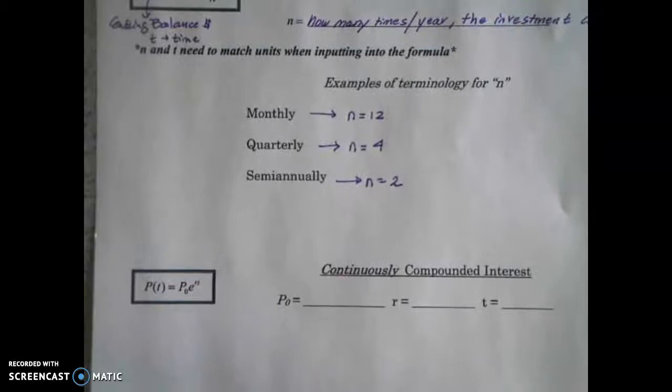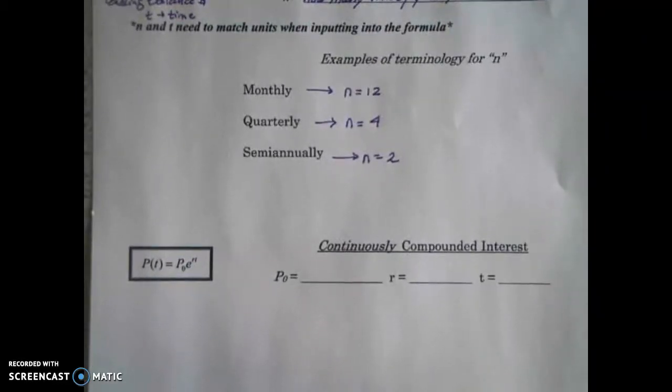Now, continuously compounded interest is where we're going to use that number e, that exponential number. Continuously compounded interest doesn't really actually happen for the most part in the real world. We will get back to this formula later in the chapter when we're talking about exponential growth and decay.